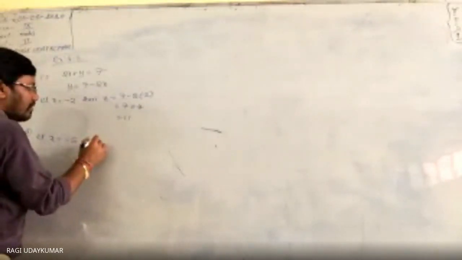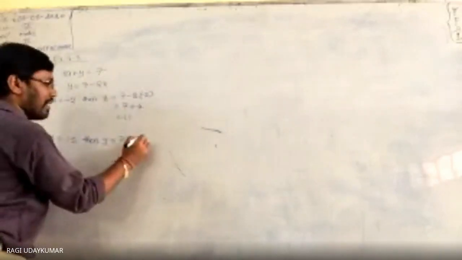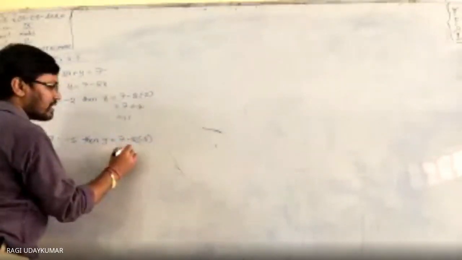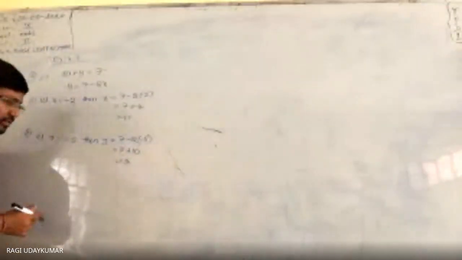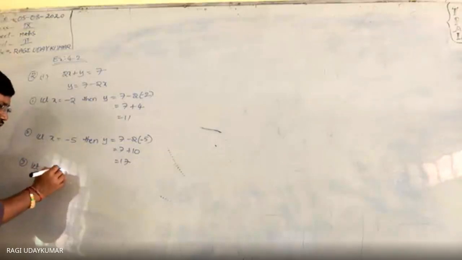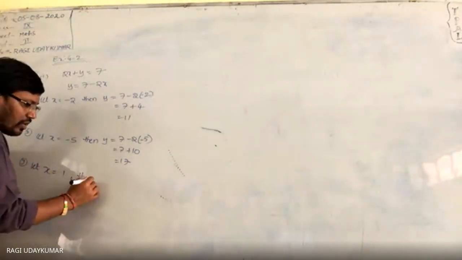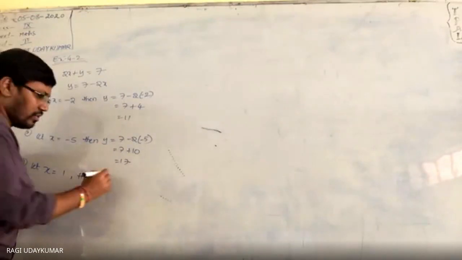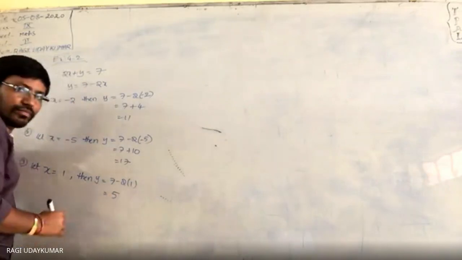Then y equals 7 minus 2, x का place में minus 5 लिखना है. So what do you get? 7 plus 10, which equals 17. This is the second solution. Third solution, let x equals 1. Then y equals 7 minus 2 into 1, 5.